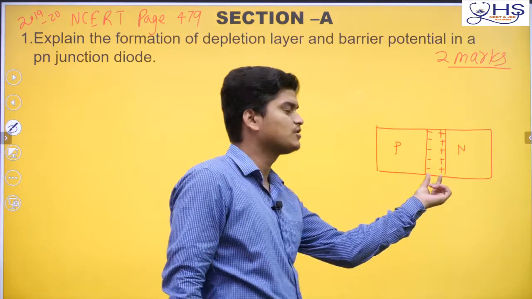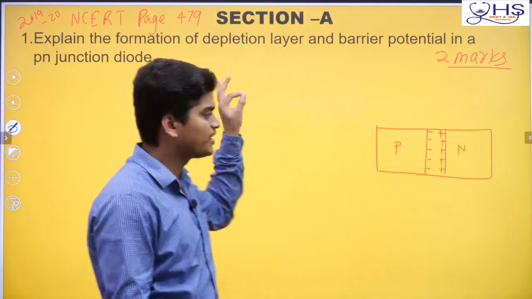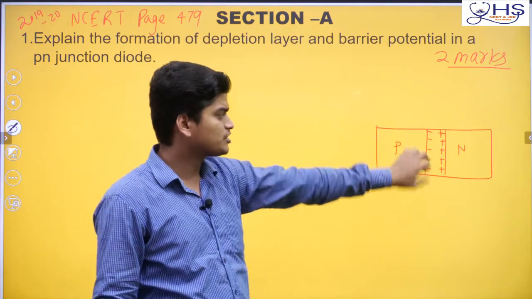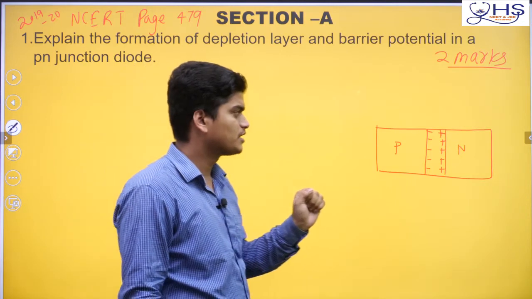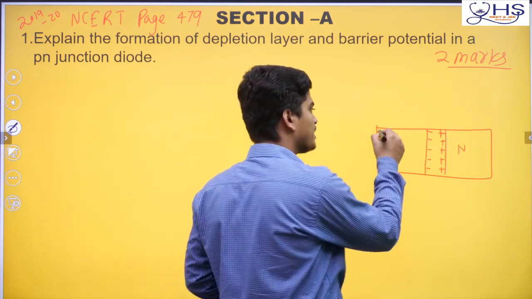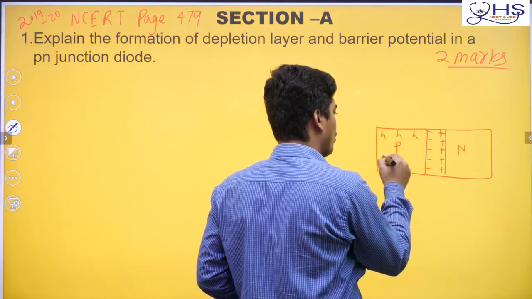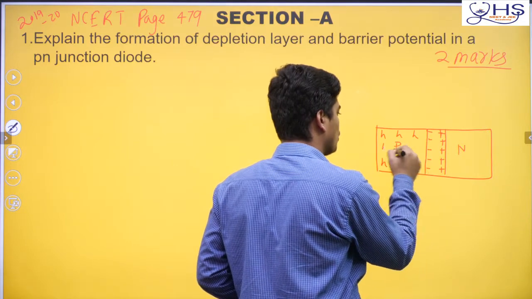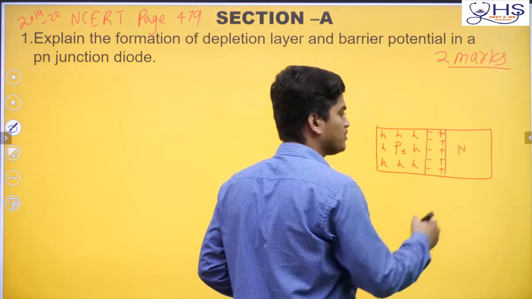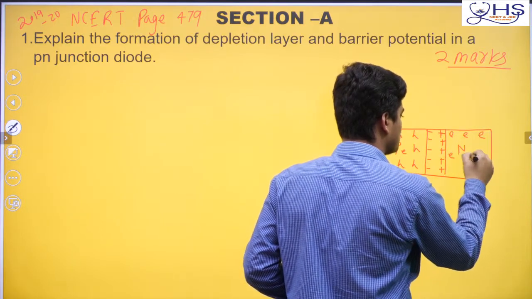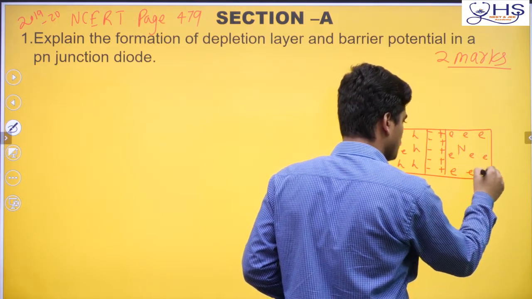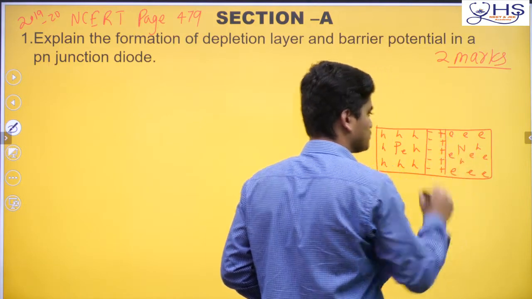This layer is called the depletion layer, but you have to define it perfectly in your own language. Here we are just discussing normally. Now, p side means there are more holes, so the majority charge carrier is the hole and there are fewer electrons, and n side means more electrons, and the minority carriers are holes.